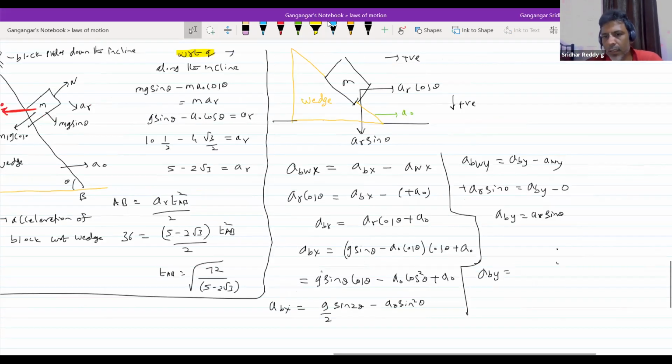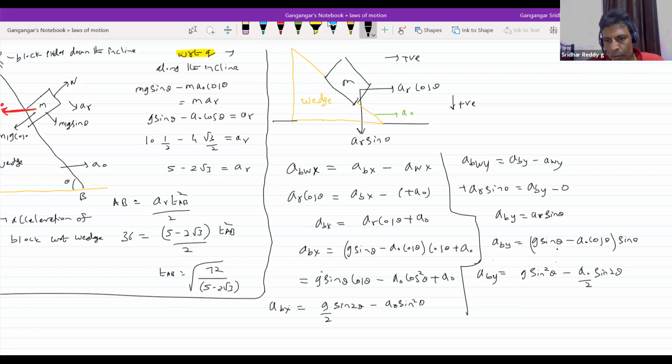Let me simplify here. ABY is equal to G sin theta minus A naught cos theta into sin theta, which is G sin square theta minus A naught by 2 sin 2 theta. So what is the total acceleration of the block with respect to ground?